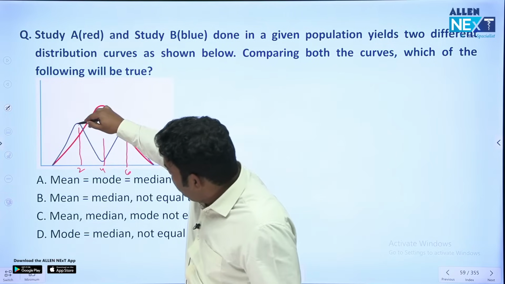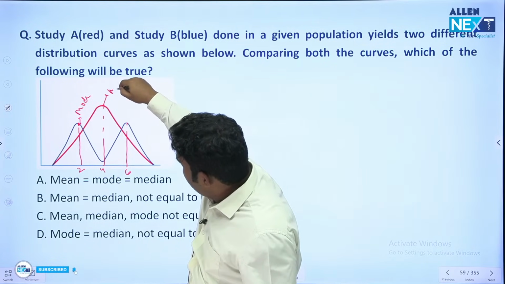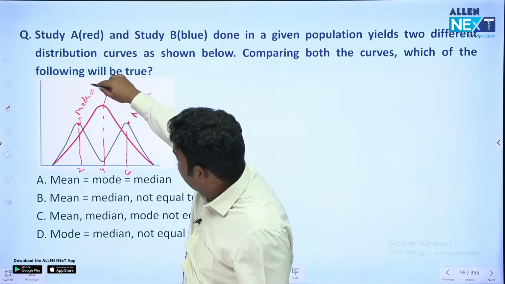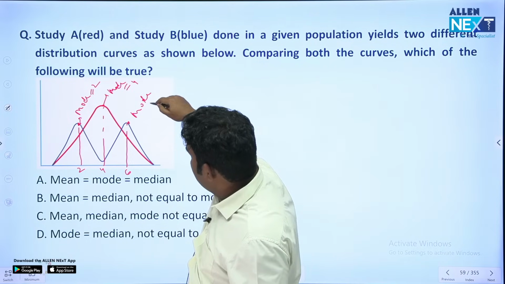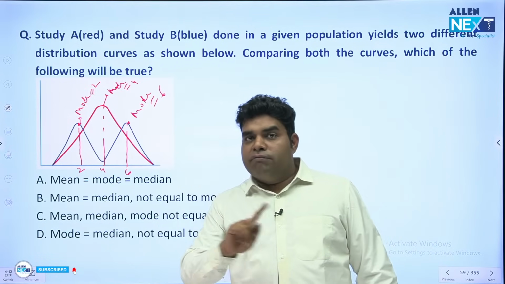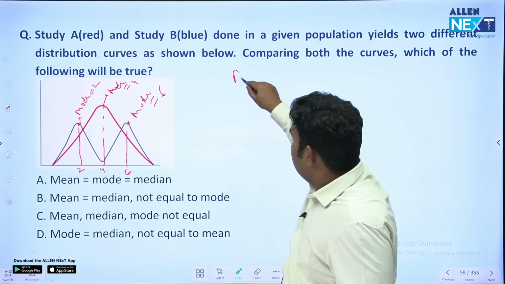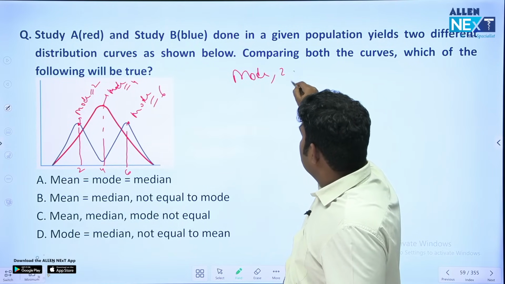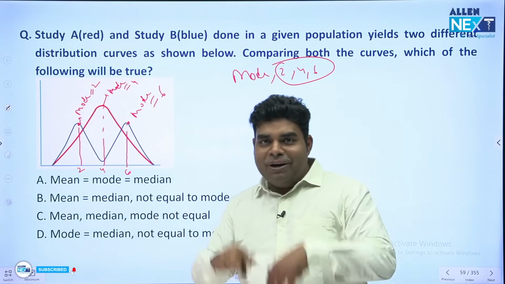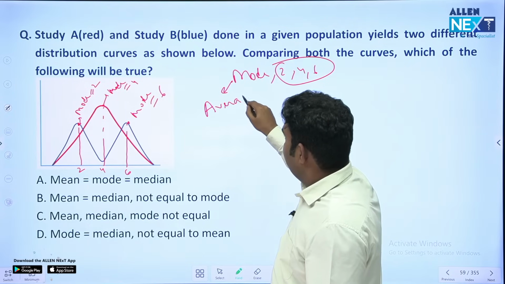Now the topmost point is the mode. So there are 3 modes. First mode is 2, second mode is 4, third mode is 6. And we cannot take average of mode. So because we cannot take average of mode, mode will be 2, 4, 6 separate. And there will be nothing like combined mode, because mode average can't be taken.